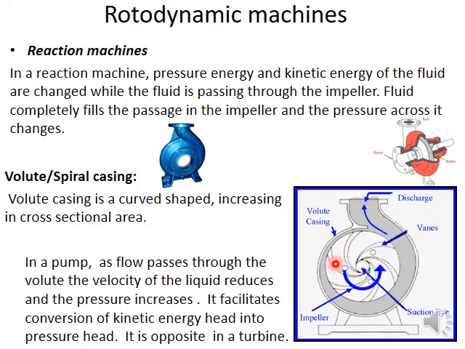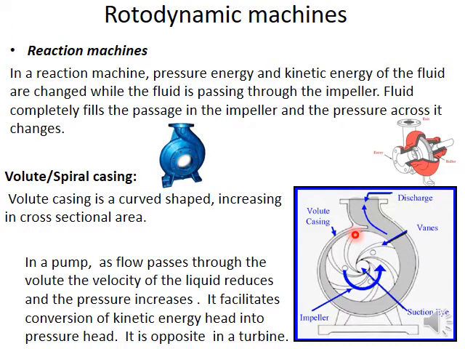The impeller rotates this way. Fluid is thrown out from the impeller at a very high velocity. These impellers rotate at a high speed, for example maybe 1500 revolutions per minute or 3000 revolutions per minute, depending on the design.